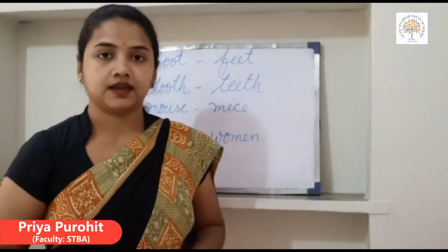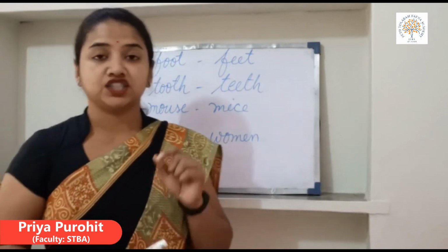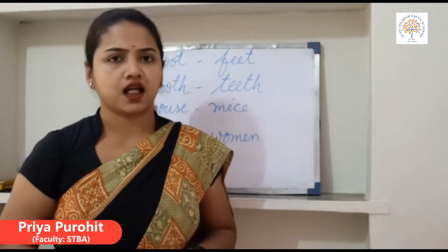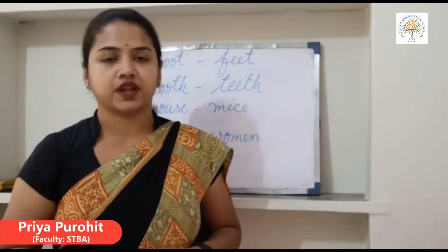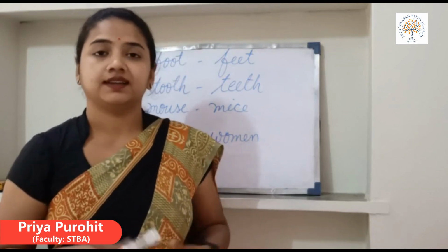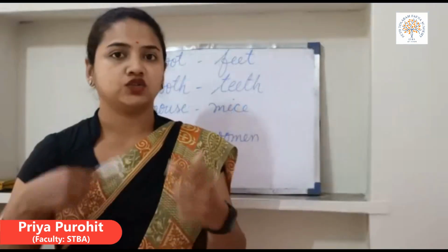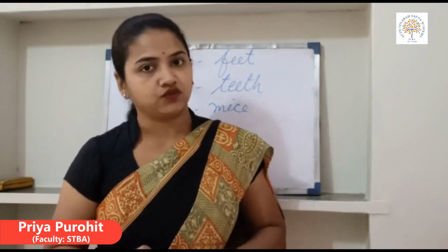Now next, some of these nouns form plurals by changing a single letter or several letters of the singular form. Examples are foot. If we want to use the plural form, we have to change the double o into double e, and it becomes feet. Next one is tooth.